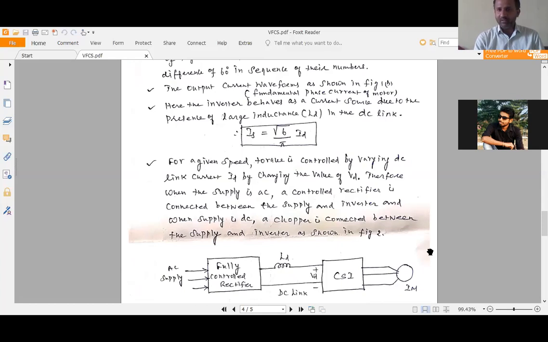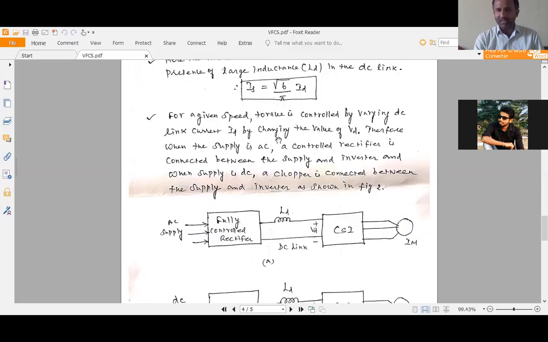Therefore, in the circuit diagram, suppose the available supply is AC, but we want a DC supply, this VD. How is this DC supply obtained?